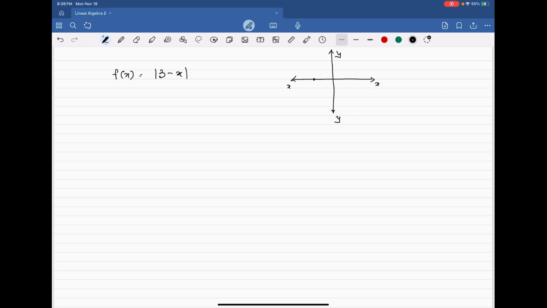What will be the value of y? It is 0. x is equal to 0 means it is plus 3. x is equal to plus 3, then function x is equal to 0.